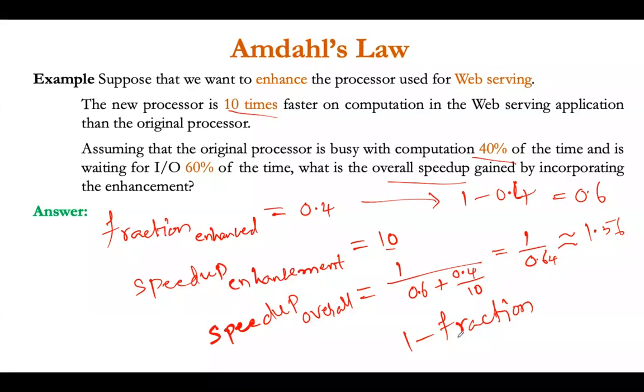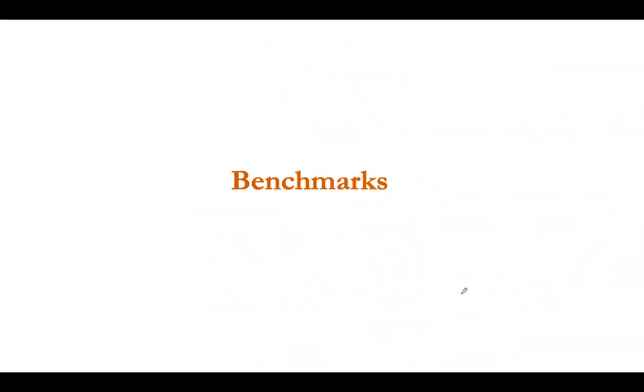So Amdahl's law can serve as a guide to how much an enhancement will improve performance and how to distribute resources to improve cost performance. The goal clearly is to spend resources proportional to where time is spent. So this is Amdahl's law for the overall enhancement, right?